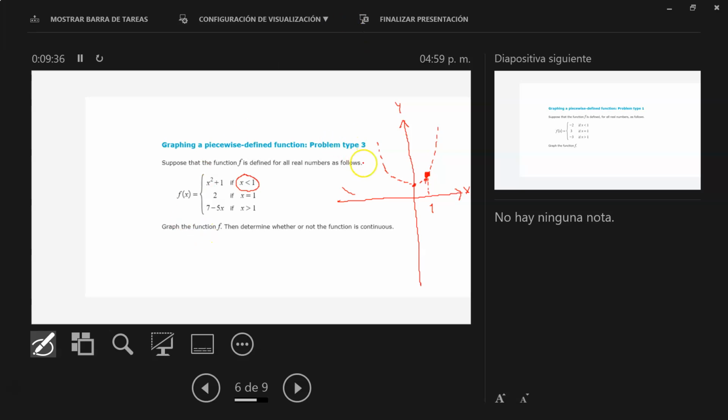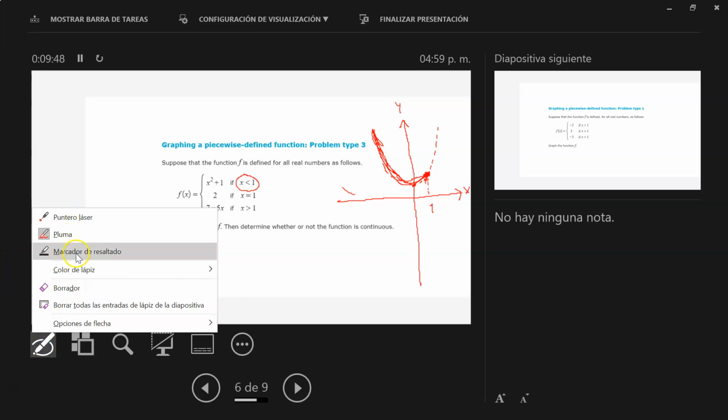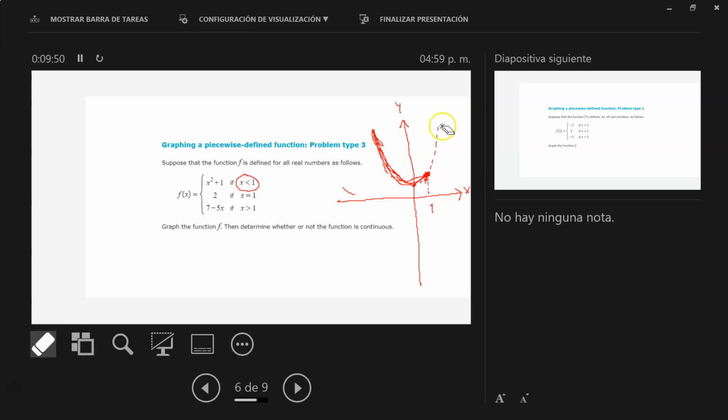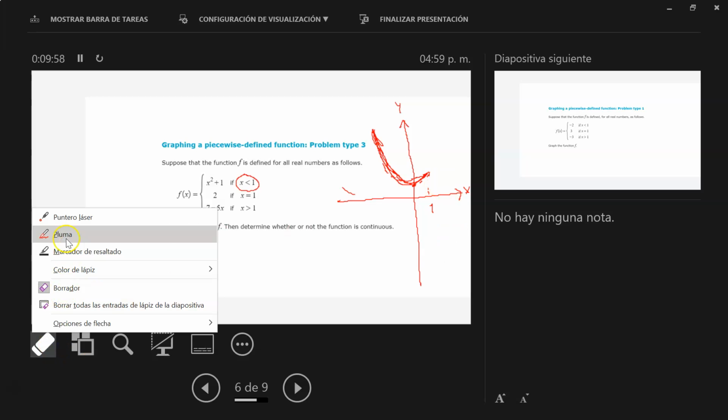For the rest of the function, the values that are more than 1, I'm going to erase it with this. So that graph is only used for the values that are less than 1.